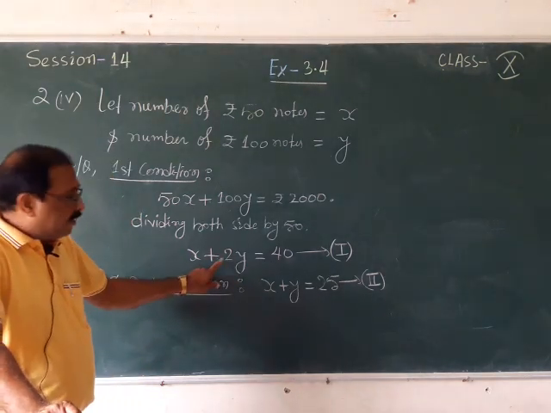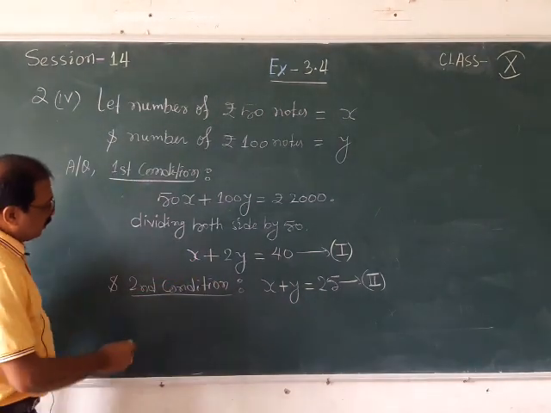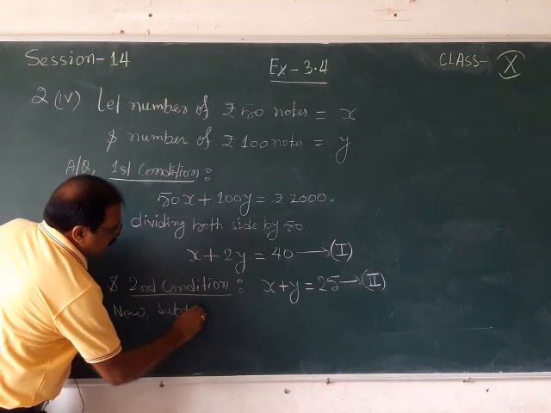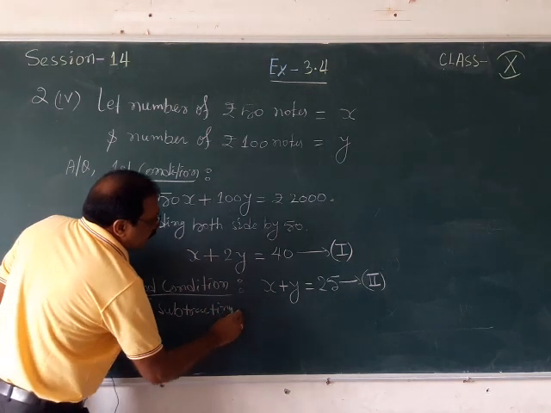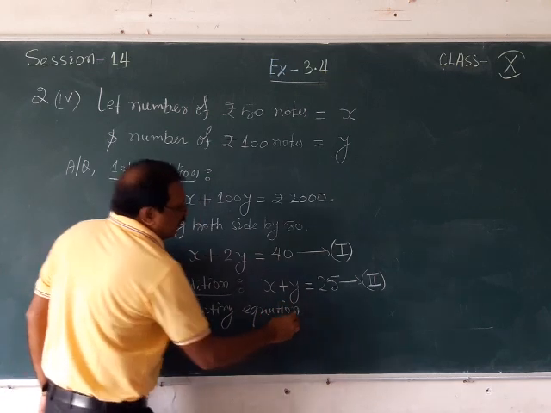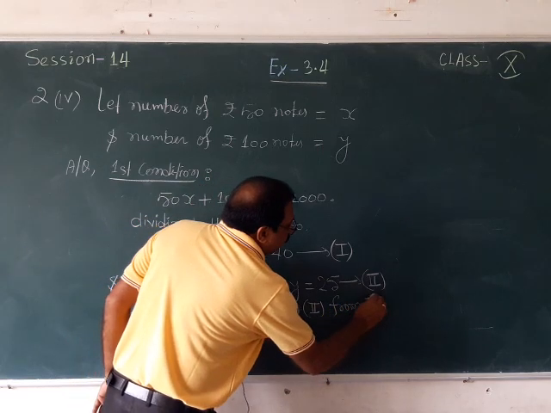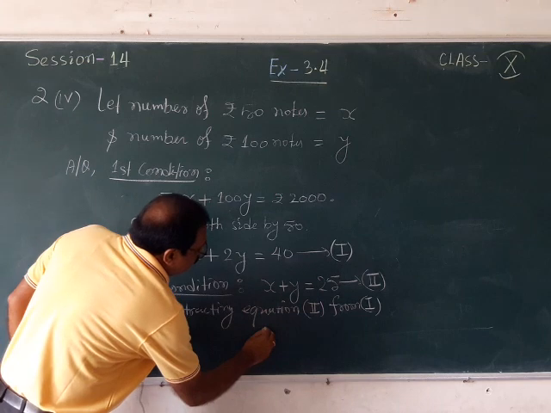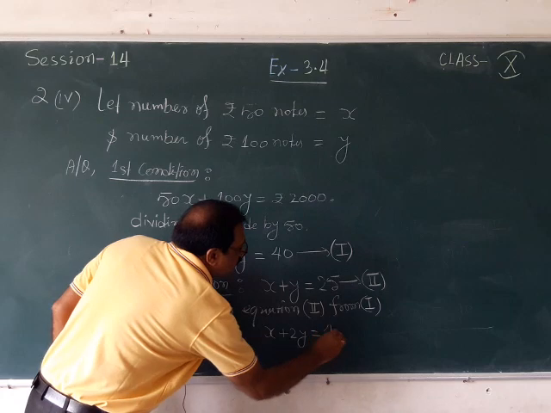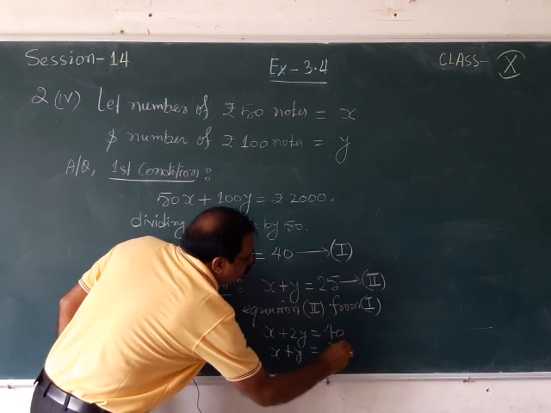Now you have equation 1 and equation 2. Now I can subtract equation second from first. So let us write the first equation over here: x plus 2y equal to 40, and the second equation is x plus y equal to 25.